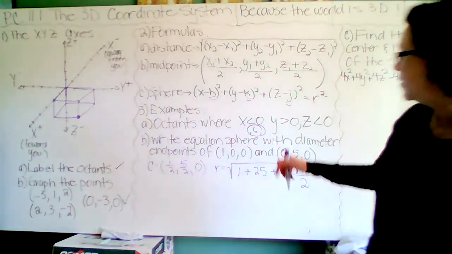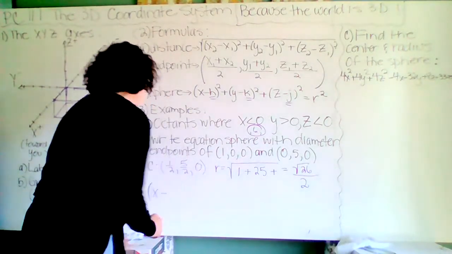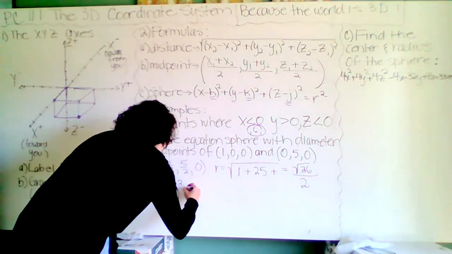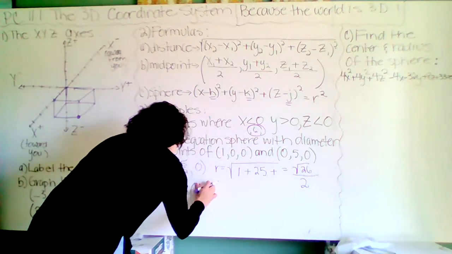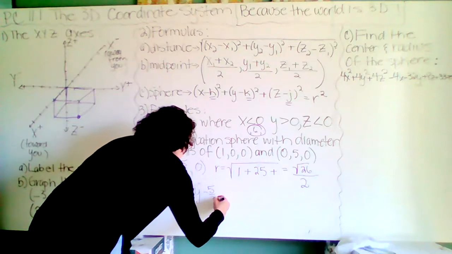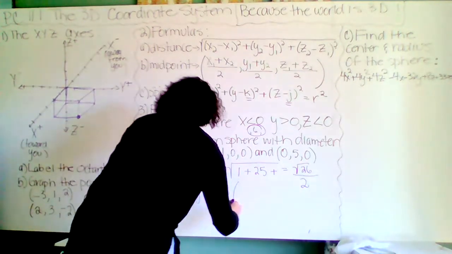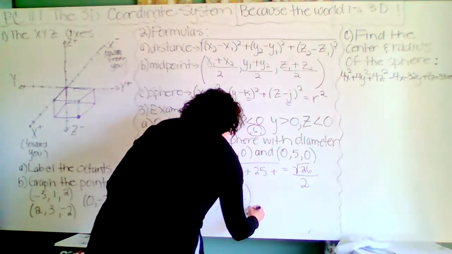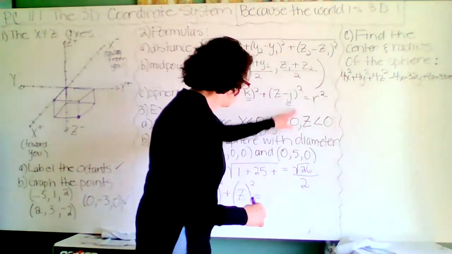Let's put that in the sphere formula. So that would be x minus our h is 1/2, plus y minus our k is 5/2, plus our z minus 0, so we'll just have a z squared. And then our radius squared goes here.